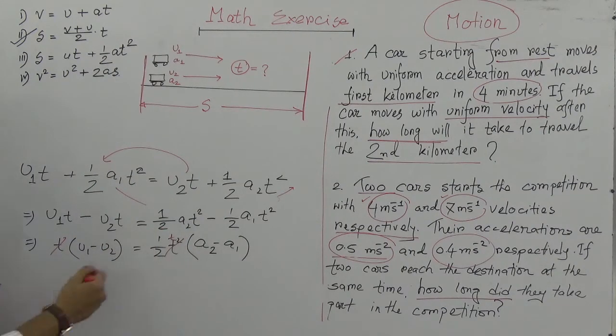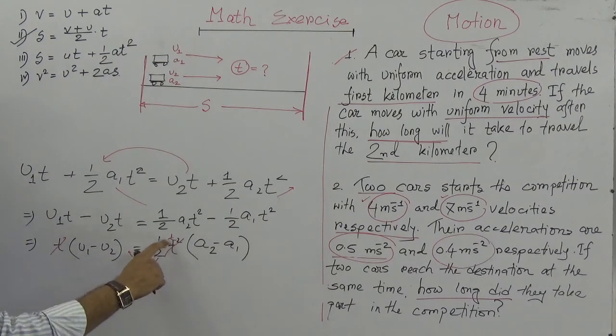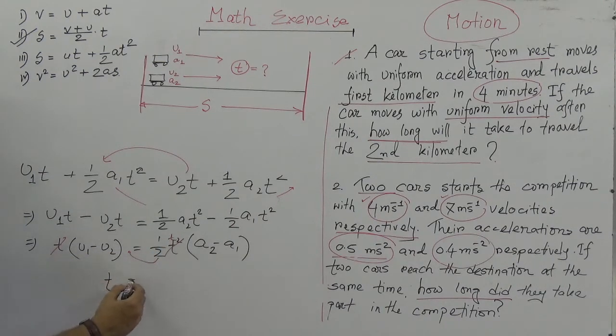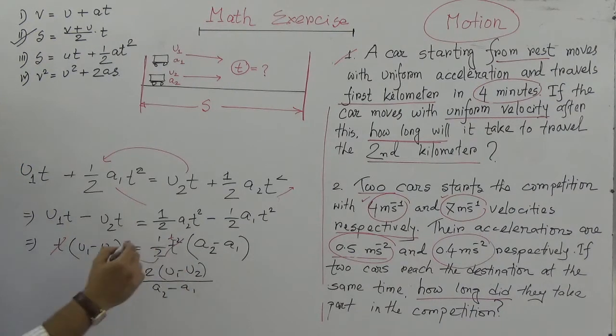And there is a 2 which will be multiplied here. So from that side we can write t is equal to 2 times u1 minus u2 over a2 minus a1.